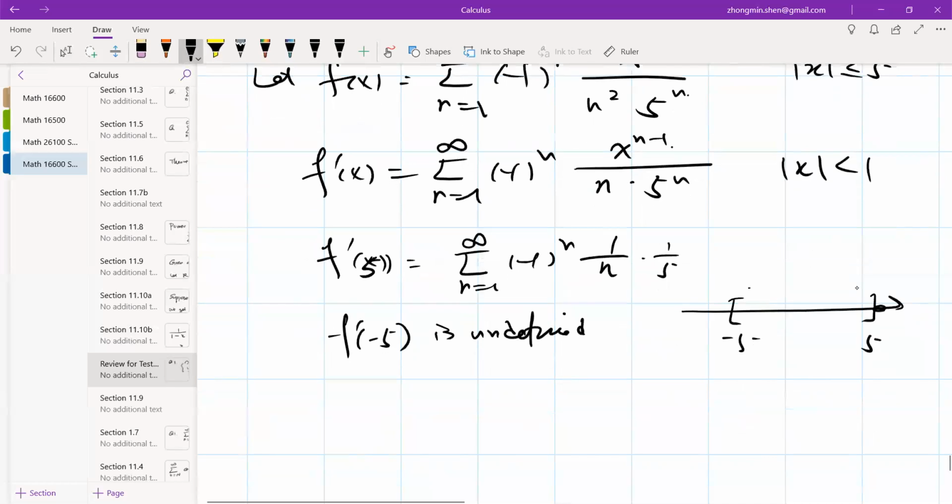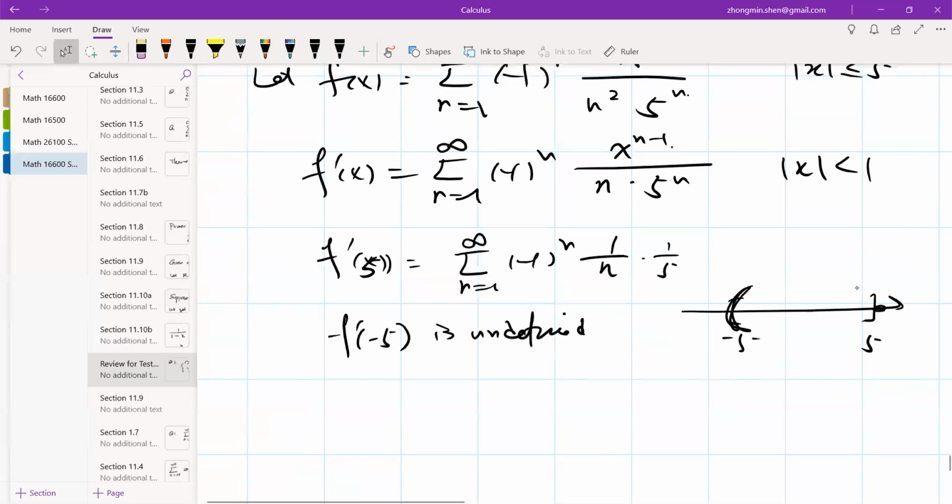So that's why we put an open interval. And so for f prime(5), we use the left-handed limit to define the derivative, and this is given by this series.